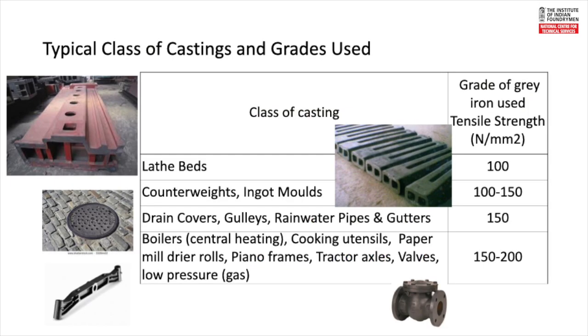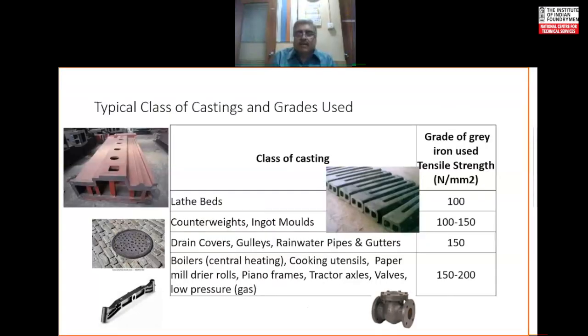Few typical types of castings. For example, for lathe beds, you will use grade 100 iron. For ingot molds, counterweights, 100 to 150. For drain covers, pulleys, 150 grade. For boilers, cooking utensils, walls, 150 to 200 grade.